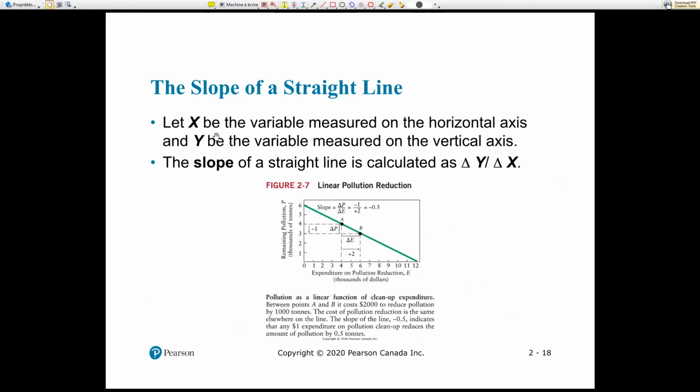Slope of a straight line. So if x is the variable on the horizontal axis, and y is the variable on the vertical axis, then the slope of a straight line is delta y divided by delta x.